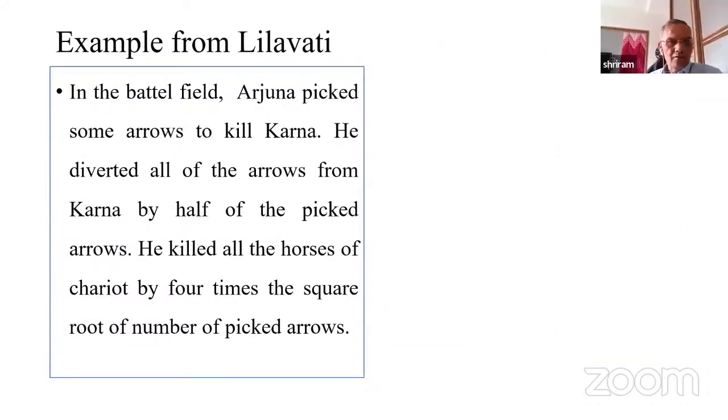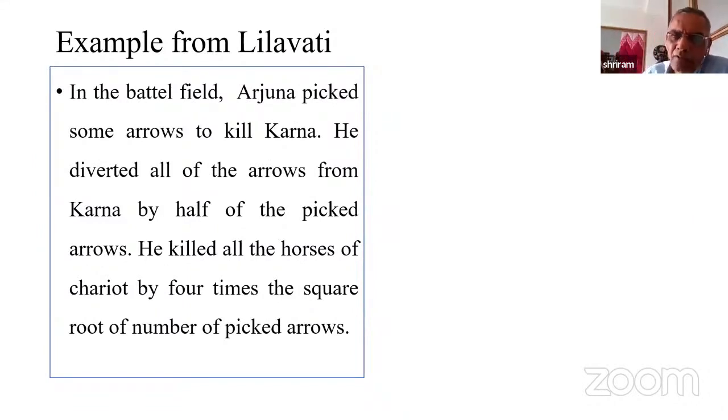Now, I have brought you one example from a famous book, Lilavati, which is like this. In the battlefield, Arjuna picked some arrows to kill Karna. So we know there is a war between Arjuna and Karna. That situation is brought to the mathematical quadratic equation problem. So what he did, he diverted all of the arrows from Karna by half of the picked arrows.